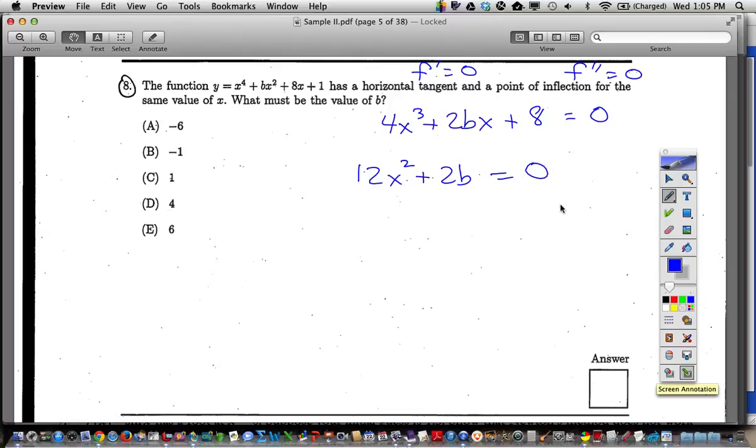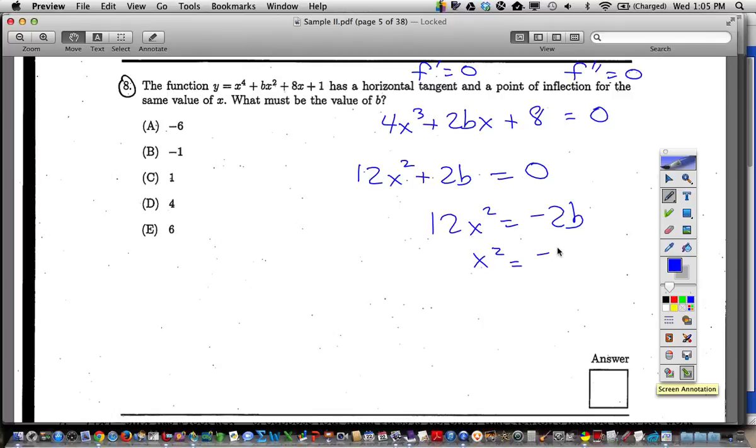Right? So what we could do is solve this one for x, and that's where this thing will have an inflection point. So 12x squared equals negative 2b. X squared equals, what?